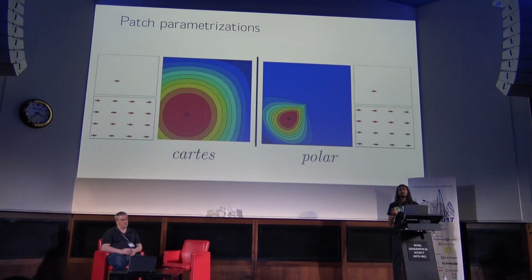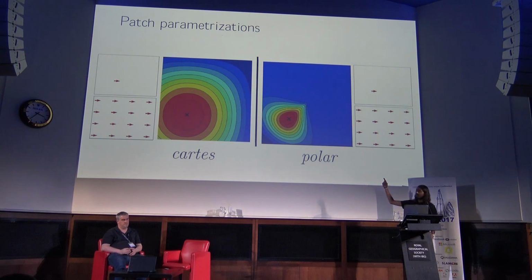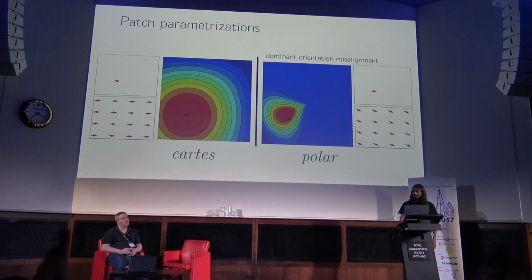So now, again, the same thing I've done. I've just taken the pixel embedding in the patch P, which is the patch on top, and below is the patch Q. And now I map out these values, and you can see that the Cartesian looks like this, and the polar looks like this. And in fact, they have some really interesting behaviors. The first thing is that the polar case is tolerant to dominant orientation misalignment.